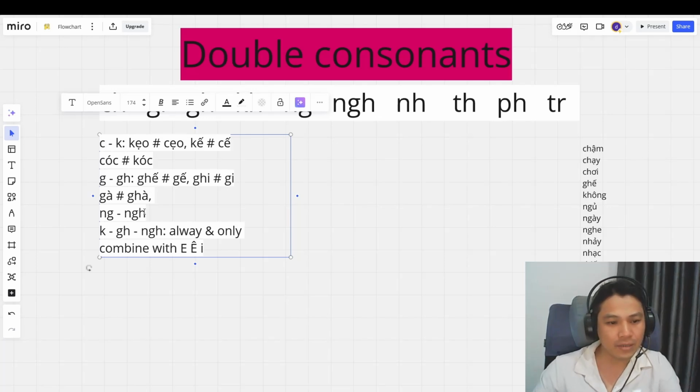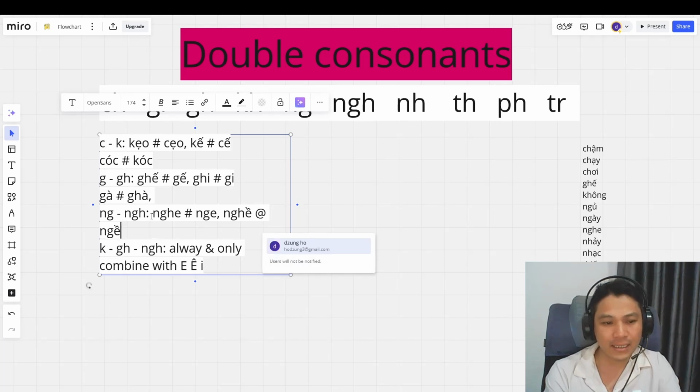And an example with this one too. With ngờ, we describe this word nghe, it means listen, but we don't write it like this. It's wrong, all right? Or nghề, it means a job, but we don't write it like this.